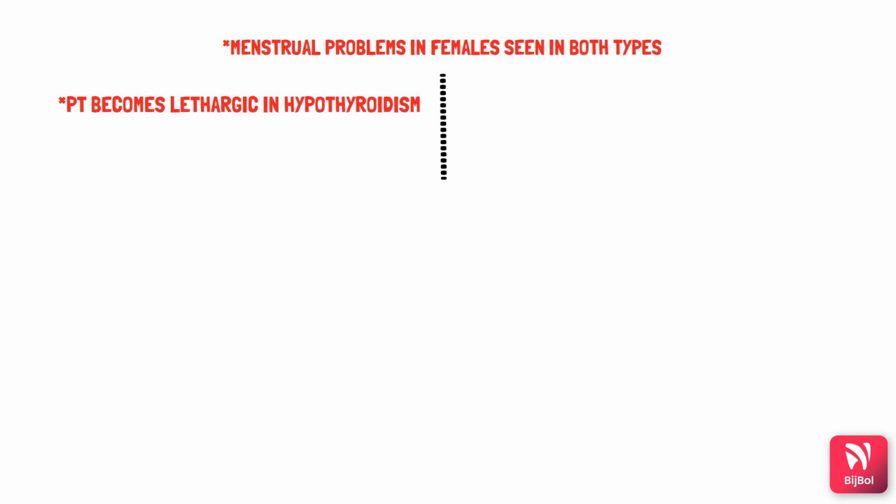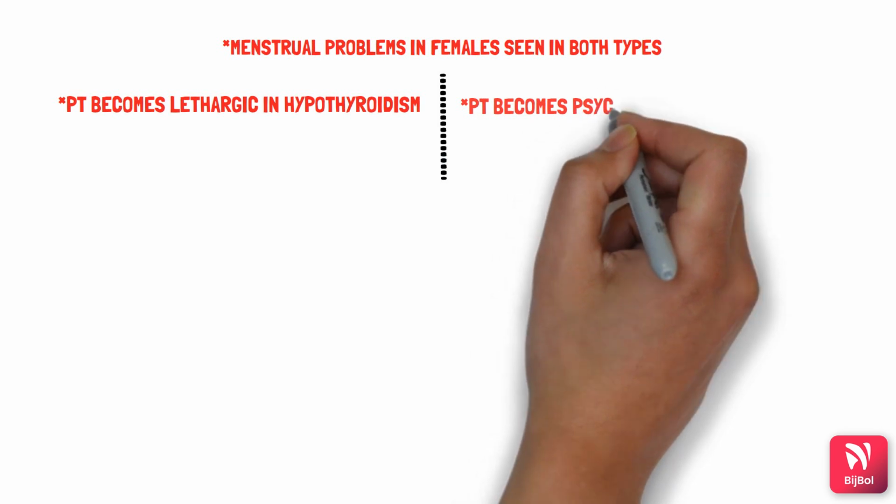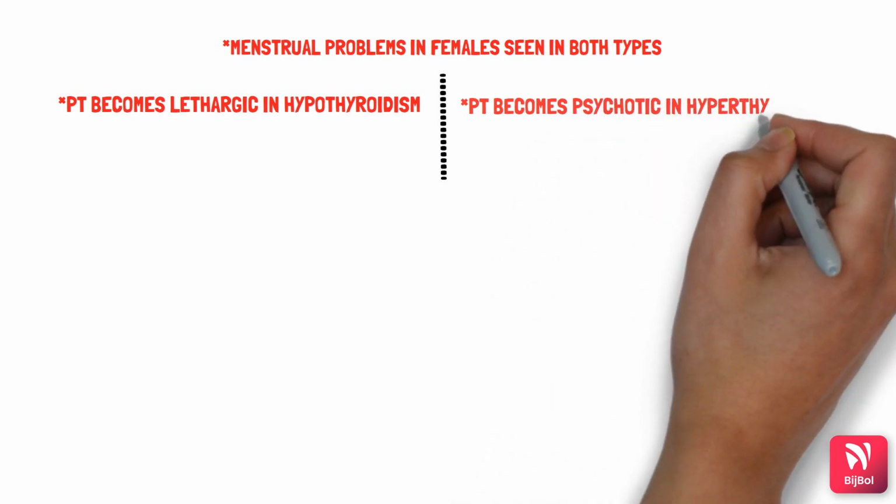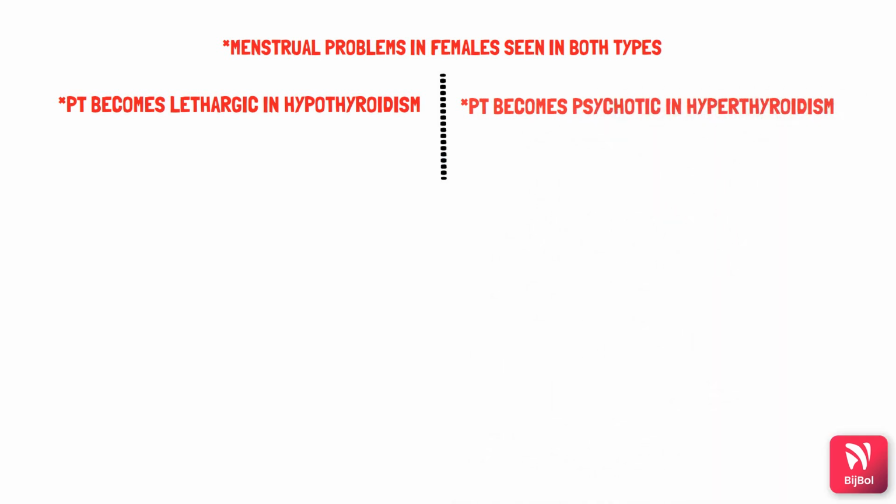In hyperthyroidism, there is psychosis seen. There is so much happening in the patient's body. Different kinds of feelings develop, so this results in patients ending up with psychosis. These are the symptoms associated with hypo and hyperthyroidism.